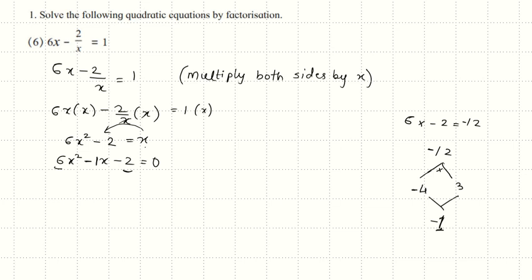And 4 into 3 gives us 12 and minus into plus will give us minus, that is minus 12. So this can be written as 6x square. This minus 1x is written as minus 4x plus 3x minus 2 is equal to 0.